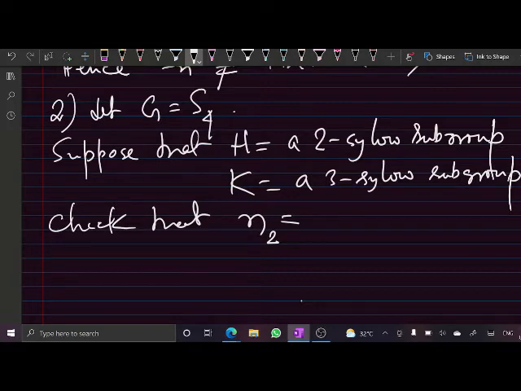Yes, sir. So therefore it is 3. This is only possible for k equal to 1 because it will divide the order of the group.